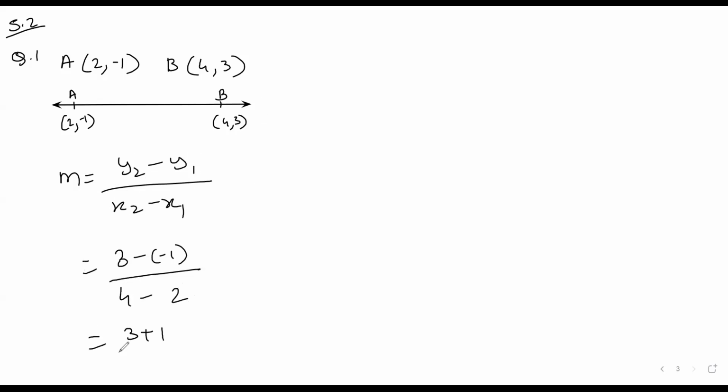So 3 plus 1 upon 4 minus 2, that is 2. So the answer is 4 by 2. Answer will be 2. Similarly, we can find slope of other lines.